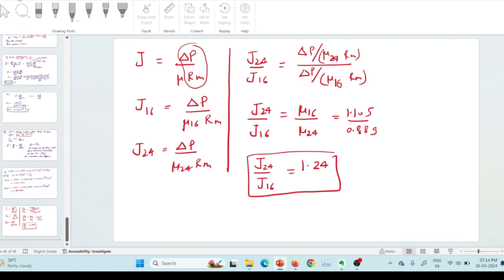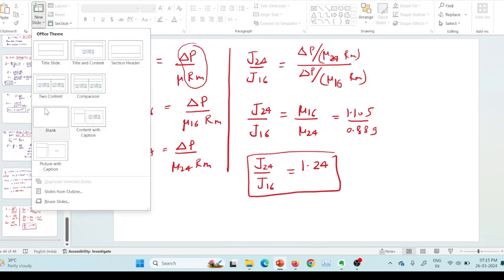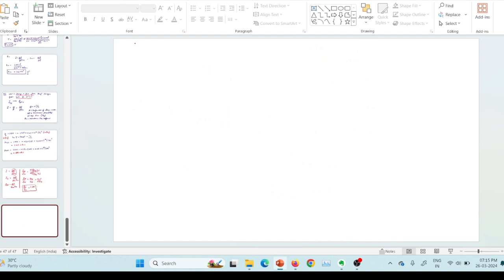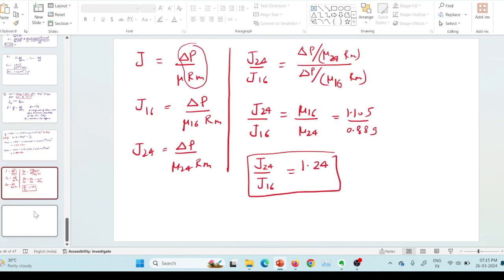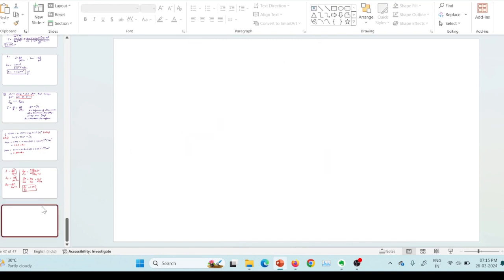So what can we say? J24 divided by J16 is equal to 1.24.